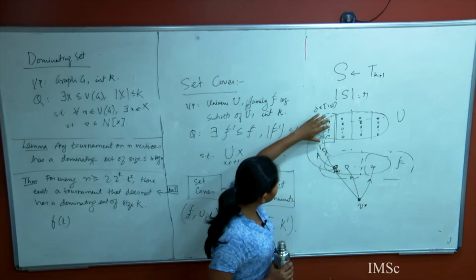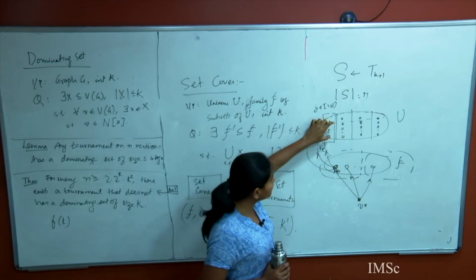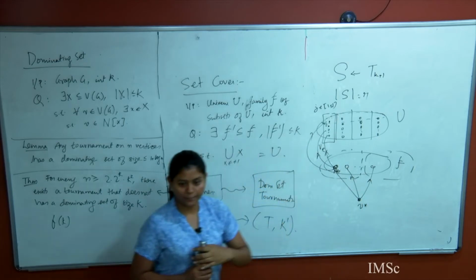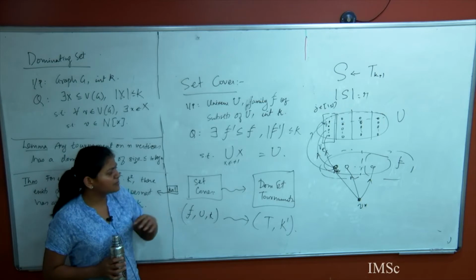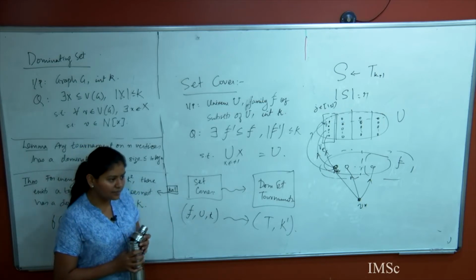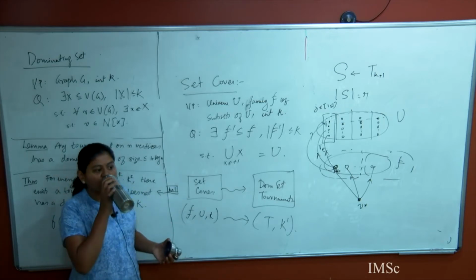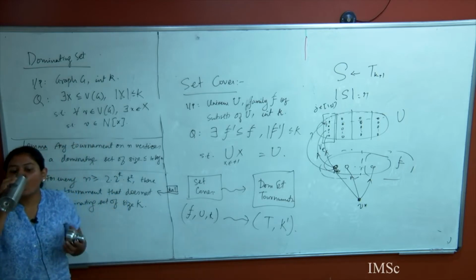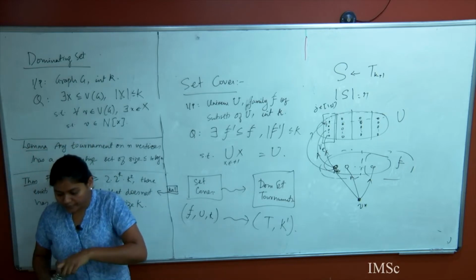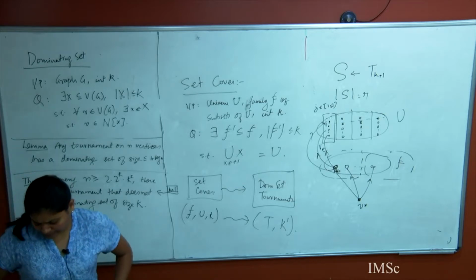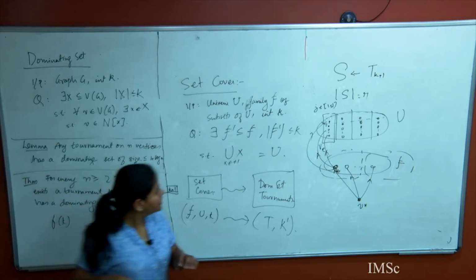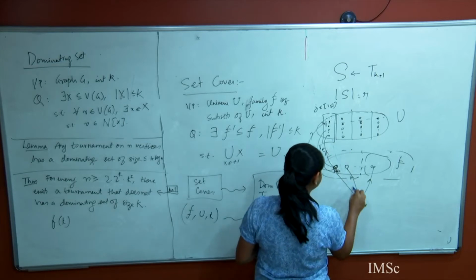So for every such vertex we add an edge from here to V star. So we needed some edge, right? So yes, they may be dominating V star, but it's okay. Okay, so we add such reverse edges here.